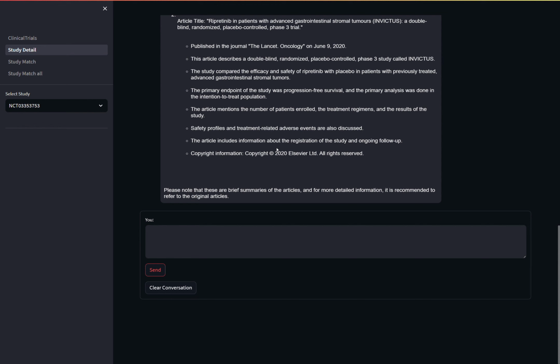But the whole idea is that you can use large language models to allow users to interact in a natural way with the clinical trials information, to identify a set of studies they are interested in and just start asking questions, or go into detail and ask questions about a particular study.